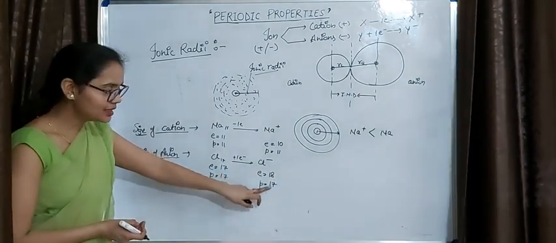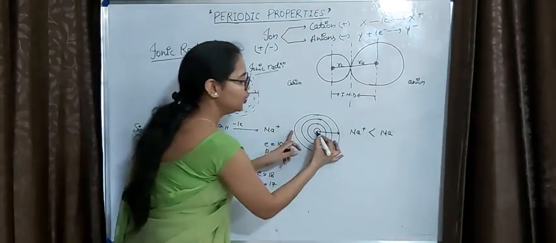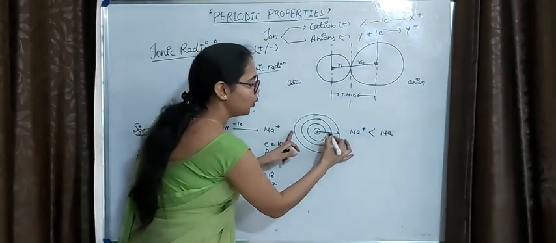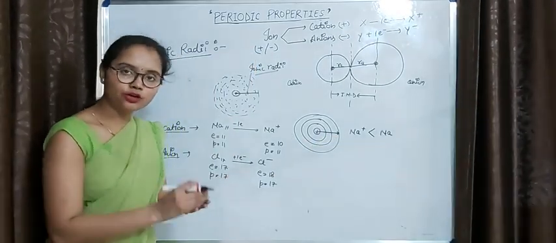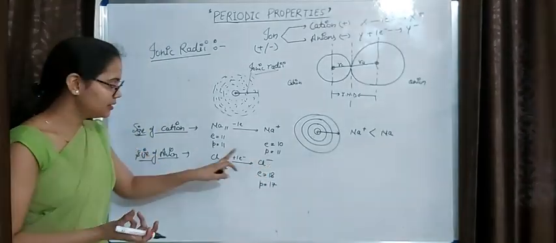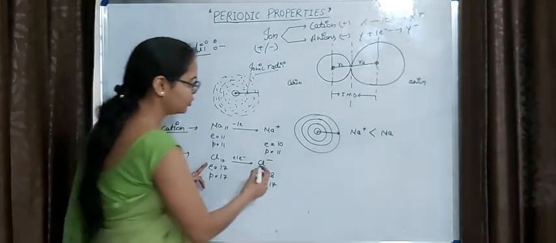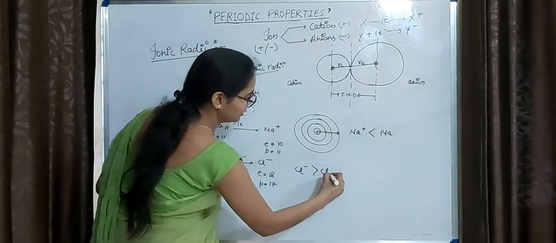Since nuclear charge per electron is decreasing, the nucleus will hold the outermost shell weakly, and because of this Cl⁻ will have a greater radius than Cl. So in this case we get Cl⁻ greater than Cl.